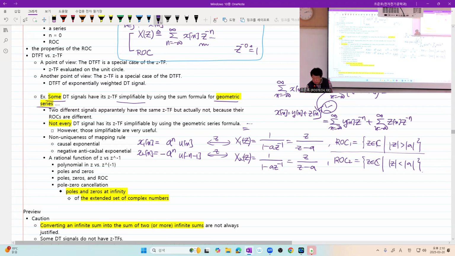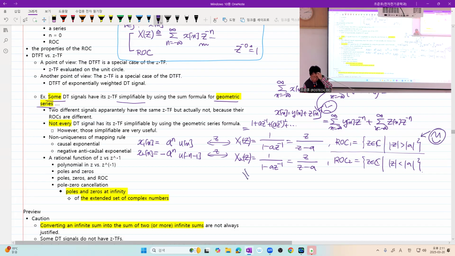So you have 1 plus az to the negative 1 plus az to the negative 1 squared dot dot dot, which means that z is not allowed to be 0. And as you see here, z equals 0 is excluded in your use of geometric sum formula.